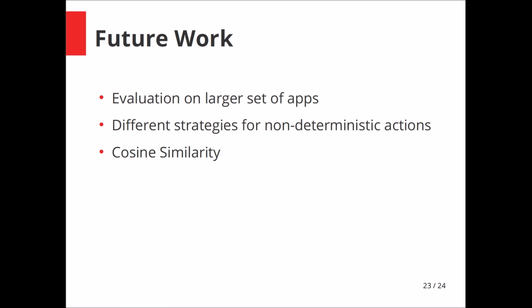Instead of picking the transition with the highest frequency counter, we could use a threshold or pick the transition that includes the largest set of traces. Lastly, we would like to incorporate a further abstraction level, namely cosine similarity, which leads to an even more fine-grained or accurate model and hopefully helps in improving coverage.